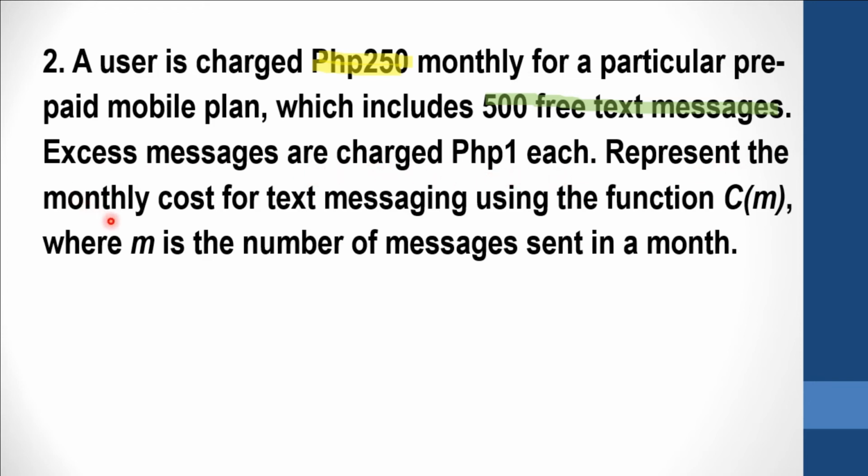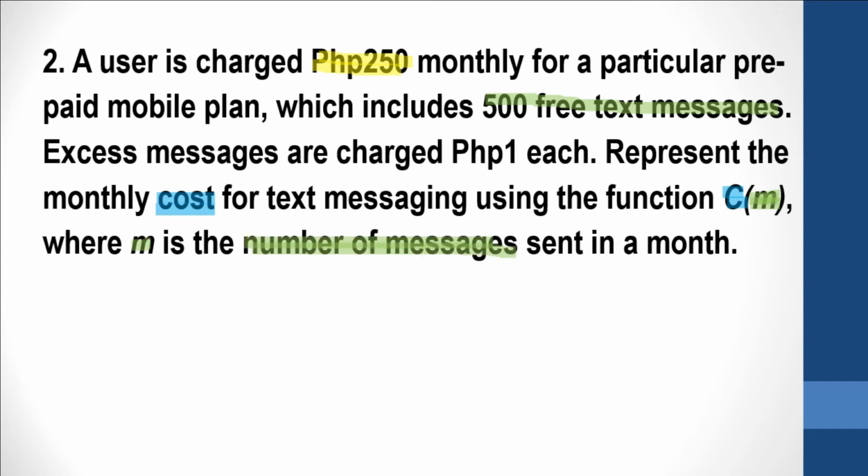Represent the monthly cost for text messaging using the function C of M, where M is the number of messages sent in a month. So, magbibigay daw tayo ng function C representing the monthly cost na babayaran natin in terms of the number of messages sent. So, itong number of messages sent is our M.